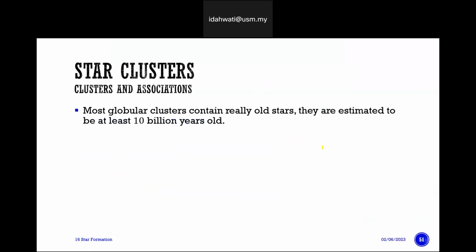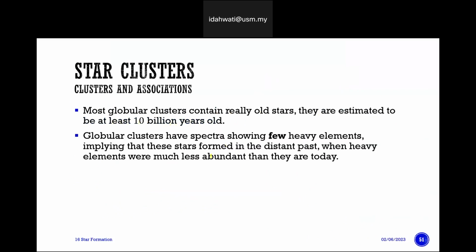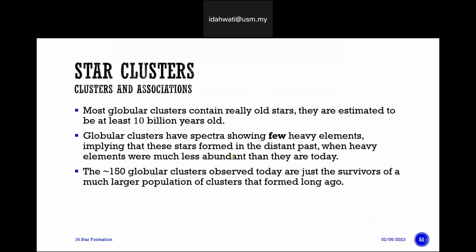Most globular clusters contain really old stars, estimated at least 10 billion years old, so only a few heavy elements are in that cluster. The 150 globular clusters observed today are just the survivors of a much larger population of clusters that formed long ago.